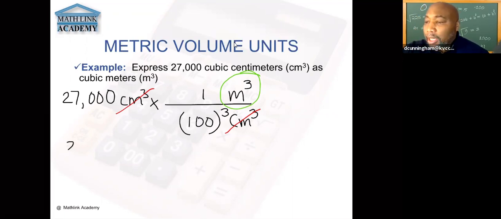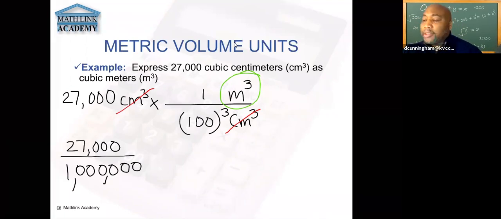So what we're going to look at is the numerator and the denominator, meters cubed. Now in this case, you do not want to leave this, you want to simplify. So I'm going to show you some quick ways we can take out our zeros, 3 zeros there.